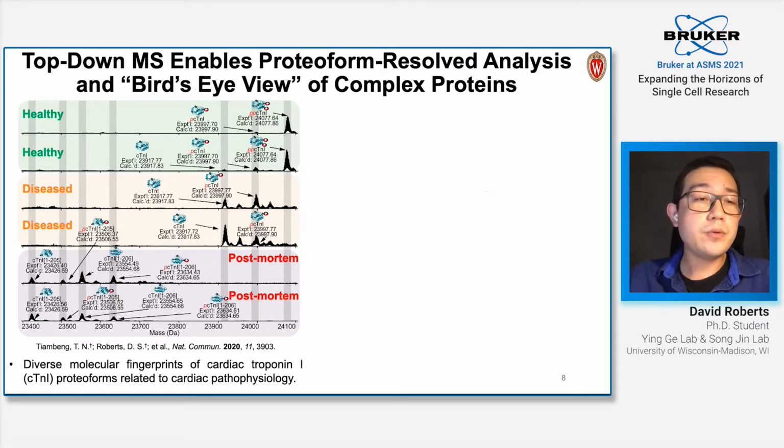And we've shown that top-down MS is capable of revealing all of these diverse cardiac troponin I proteoforms in a single spectrum. And when used to compare between different stages of disease pathology, it can potentially be useful to establish proteoform pathophysiology relationships. So we have some evidence already that top-down is capable of wrangling some of this intrinsic complexity that occurs at the protein level.